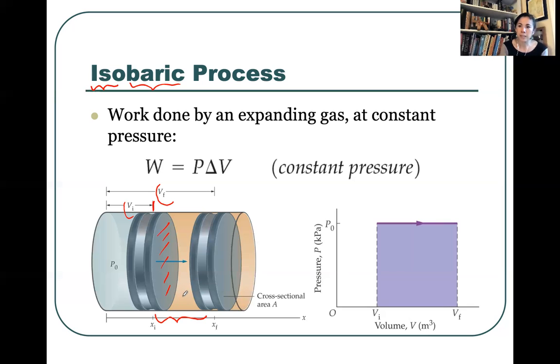But force is related to pressure, because pressure, if you remember, we define as force divided by area, right? So in this case, the area would be what I have here, right? So it's the cross-sectional area of my piston. So this will tell me that my force is going to be the pressure times the area.